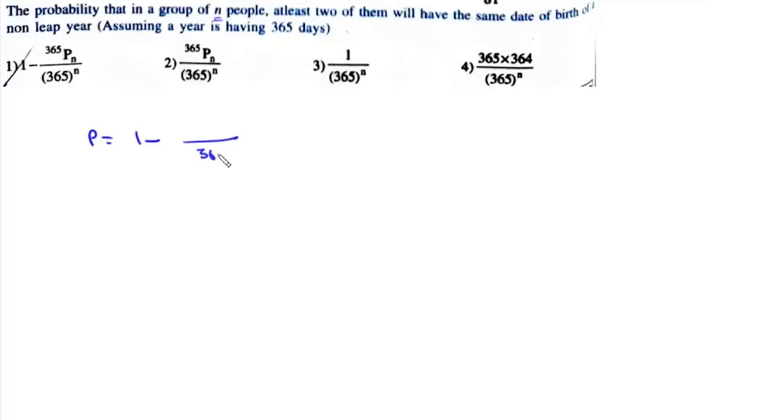So total number of possible combinations will be 365 to the power n. Now for each of these n people, we must select n possible dates, and it can be done in 365 P n ways. So this required probability is 1 minus 365 P n upon 365 to the power n, and that's your option 1.